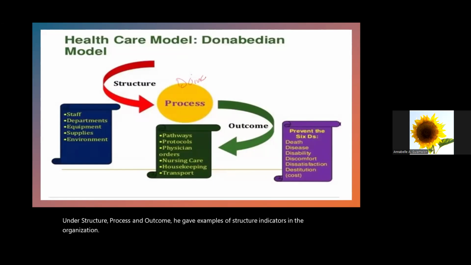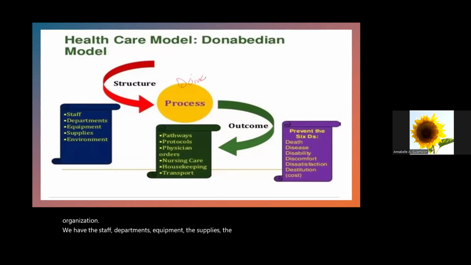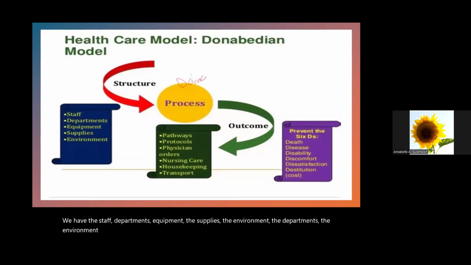We have the staff, departments, equipment, the supplies, the environment, the external structure of the building, the working hours, whether I decide to work for 24 hours, 12 hours, or 8 hours, the medical record, the electronic file, either you want it to be paper-based or electronic. These are also things related to structure.